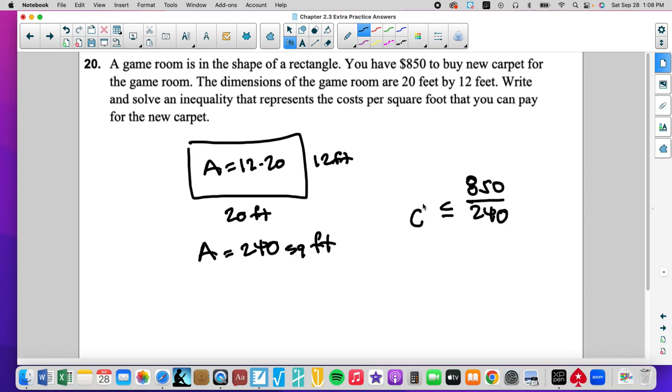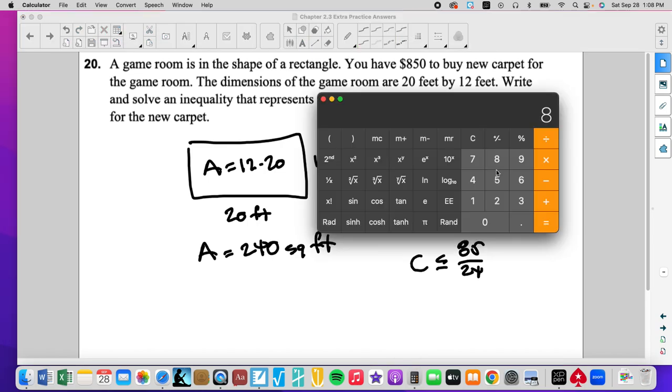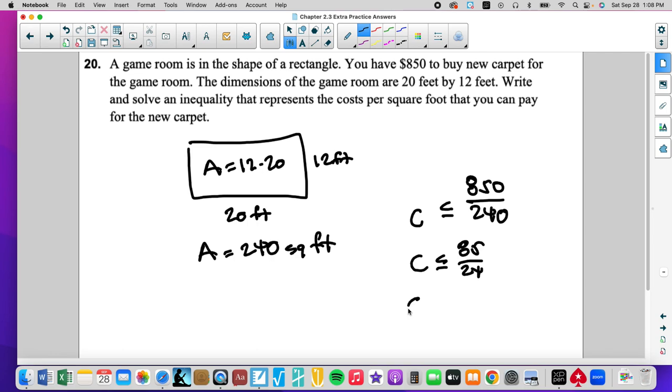So my cost is going to be less than or equal to 850 divided by 240, or we can start reducing that. Divide it by 10. 85 over 24. I mean, let's do a little calculator. 85 divided by 24. Yep, that's ugly. So $3.54.